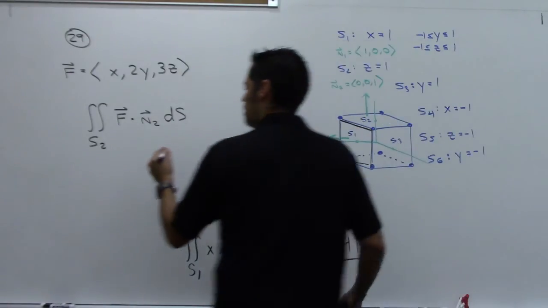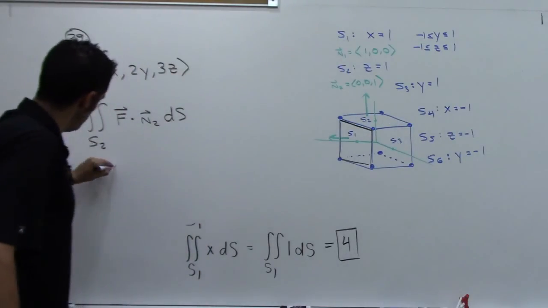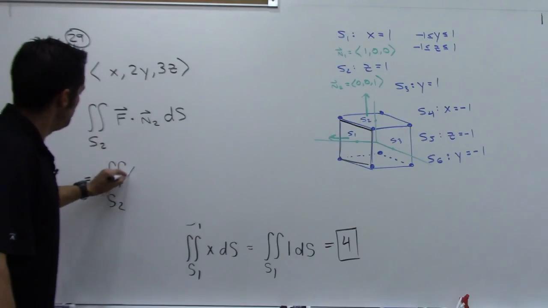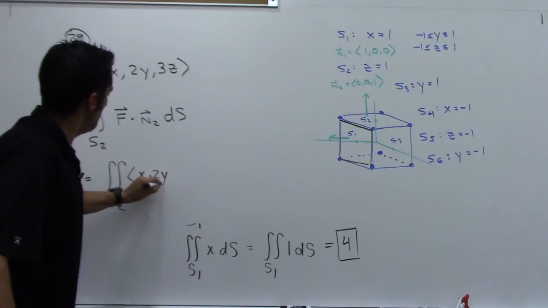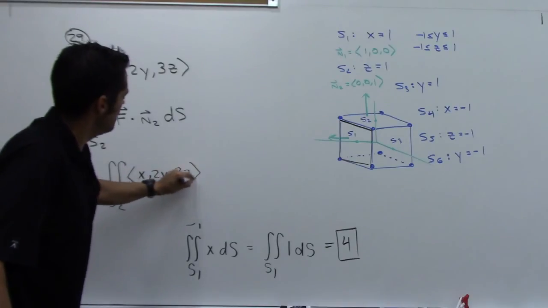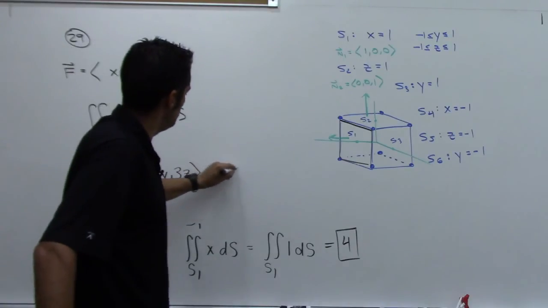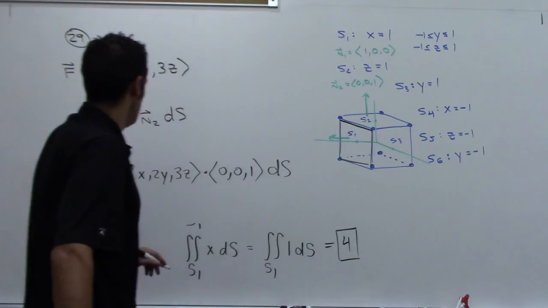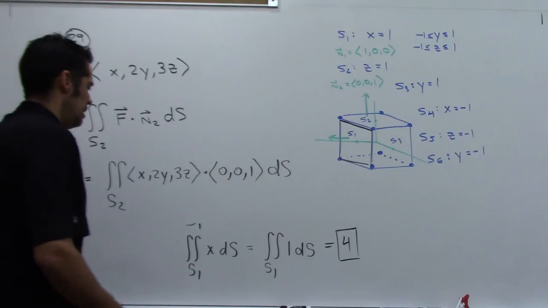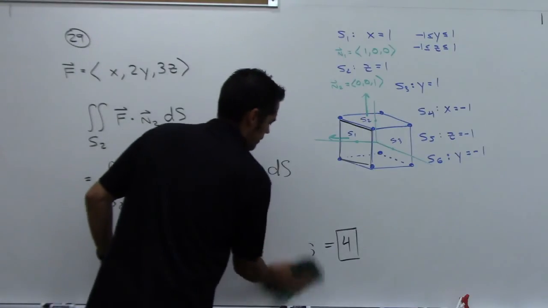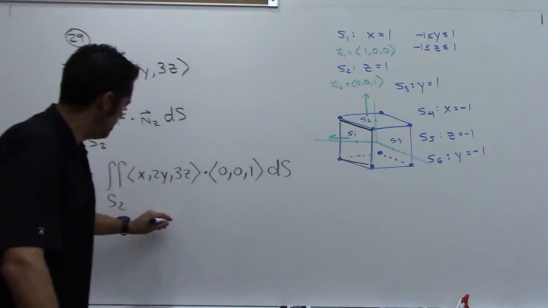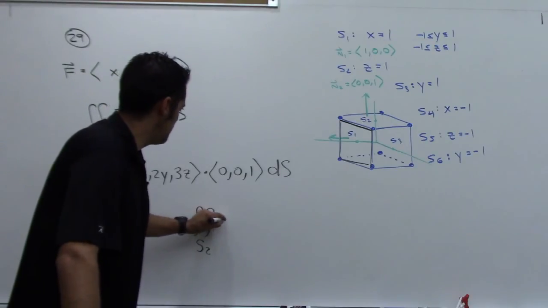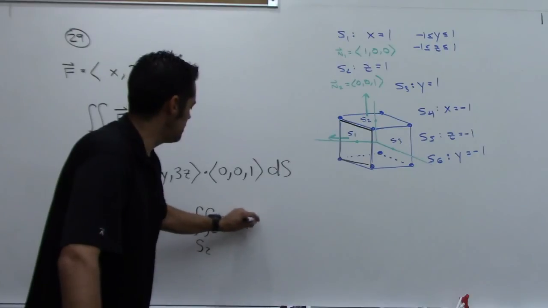And so this becomes the double integral over S2 of x, 2y, 3z, dotted with 0, 0, 1 dS. And that just gives you 3z. So we get the double integral over S2 of 3z dS.